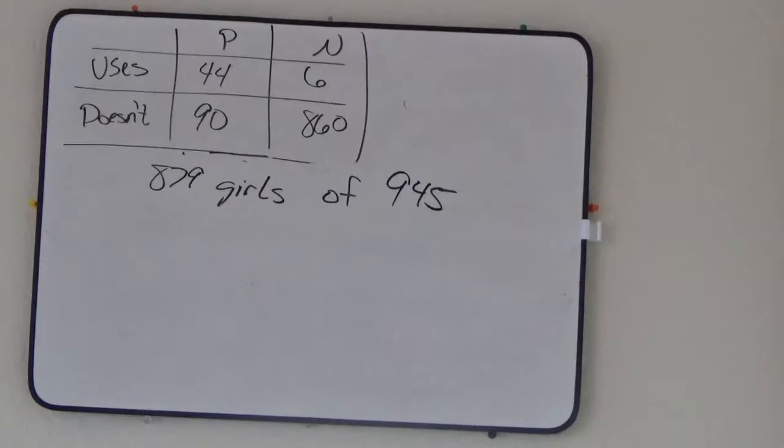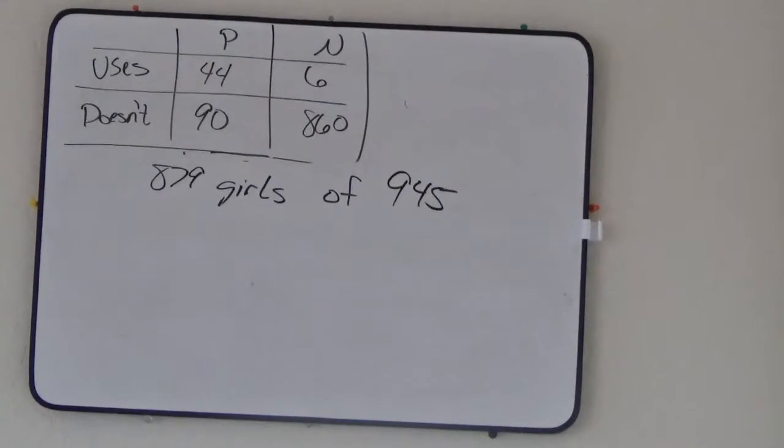Then what that does is actually prove that the gender selection works because there's 0 probability of this happening. Okay, with our first hypothesis there was 0 probability, and so with 879 girls out of 945 having a 0 probability, we can now assume that the hypothesis that the gender selection works is actually true, and it works.